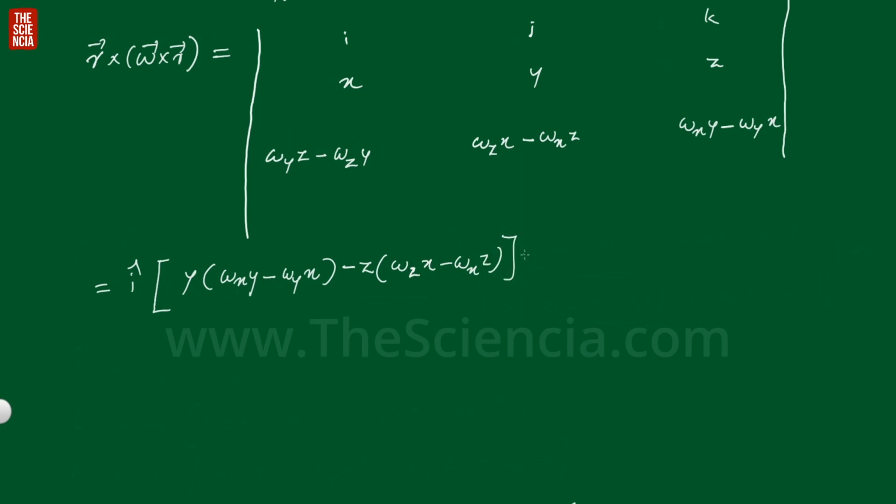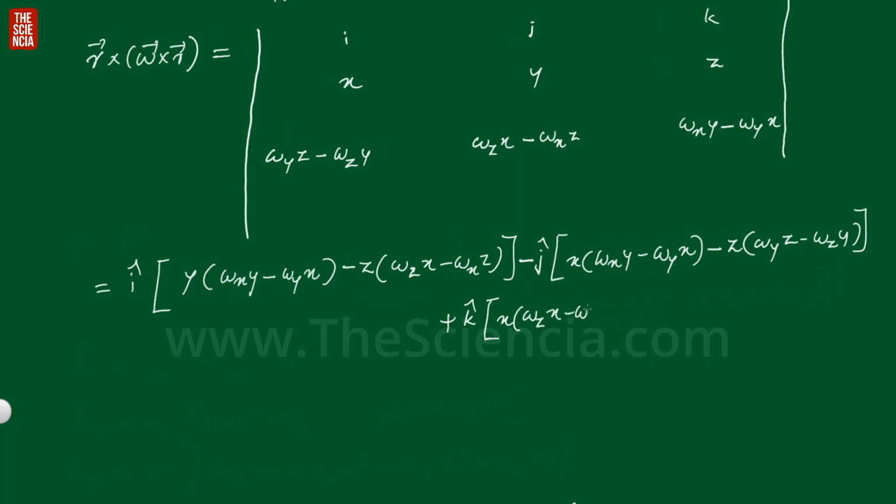The next component will be minus j cap into x into this term, that is (omega x y minus omega y x), minus z into this term, (omega y z minus omega z y), plus the last term, plus k cap into x into (omega z x minus omega x z) minus y into (omega y z minus omega z y).